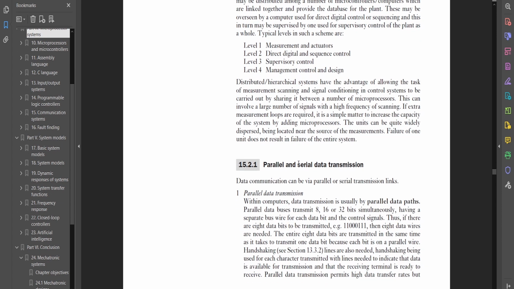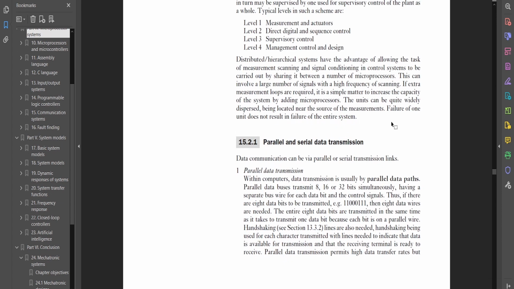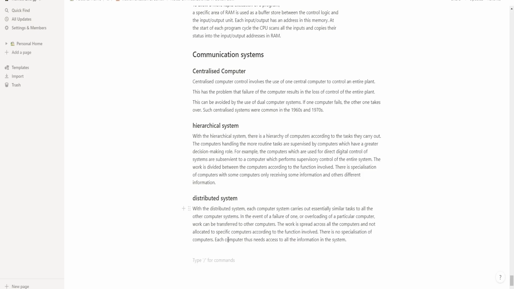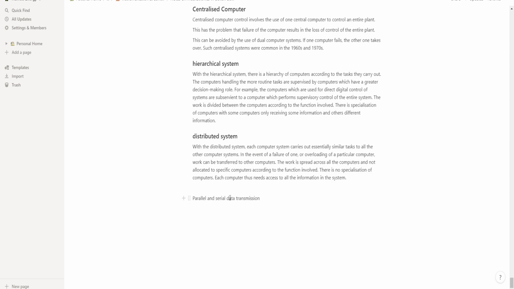Okay. Parallel and serial data transmission. Data communication can be via parallel or serial transmission links. We've kind of already covered this in this book as well. Go on then, why not.